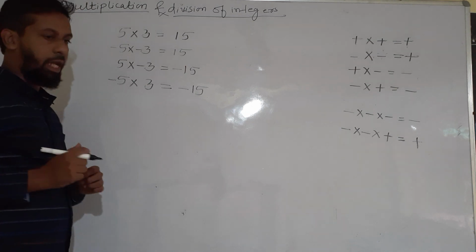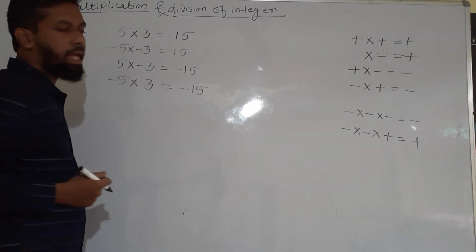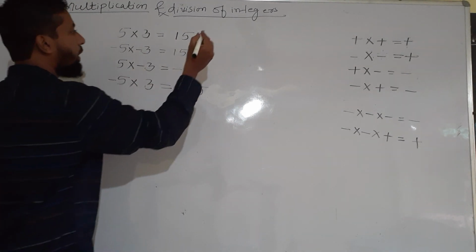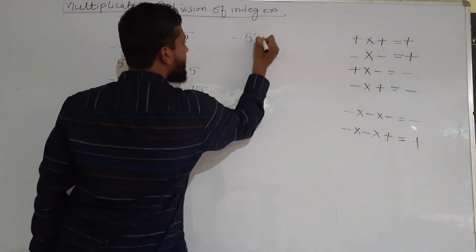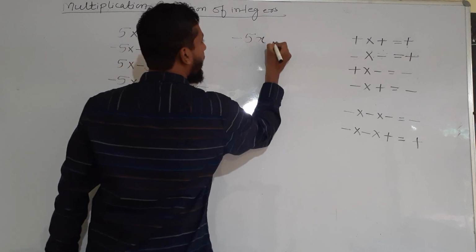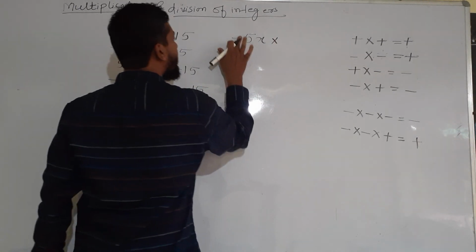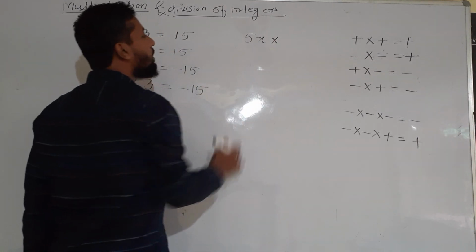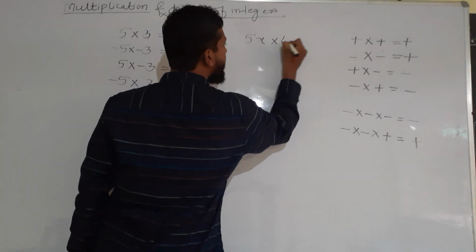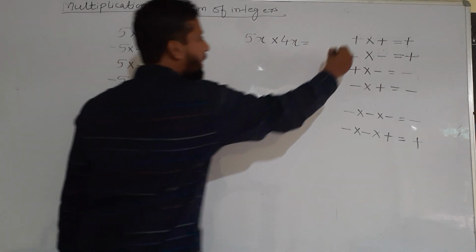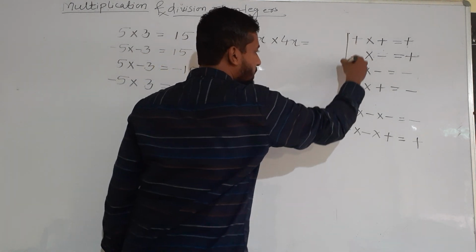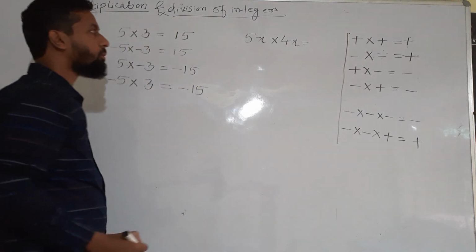Suppose it is in the form of variables. Now we'll take some examples here. We'll take the first example of plus 5x into plus 4x.